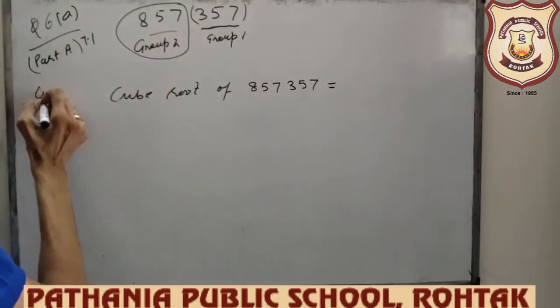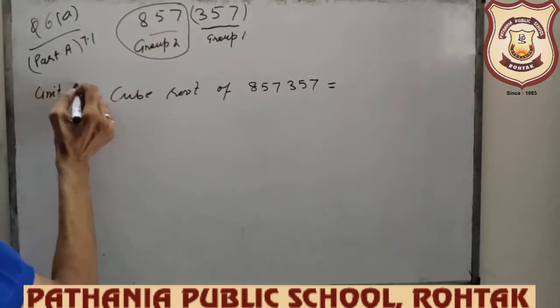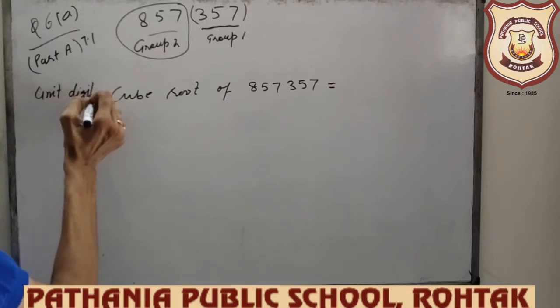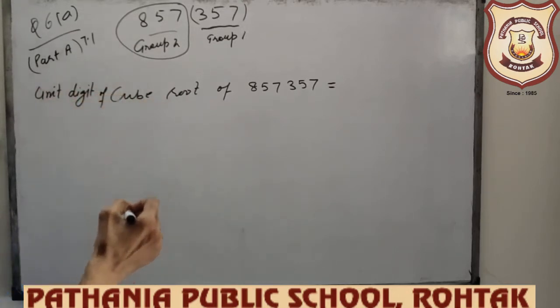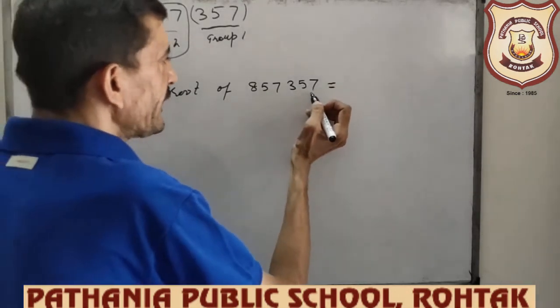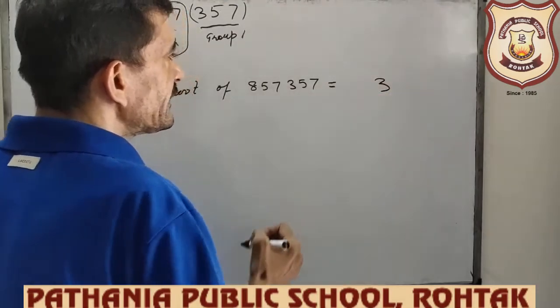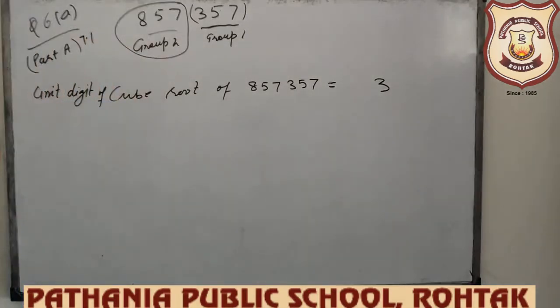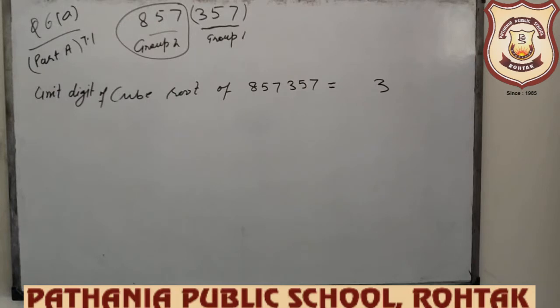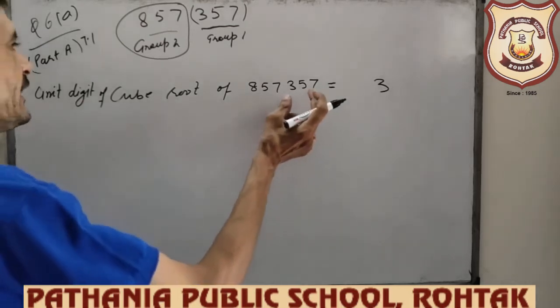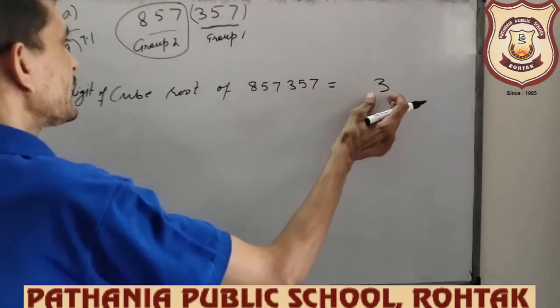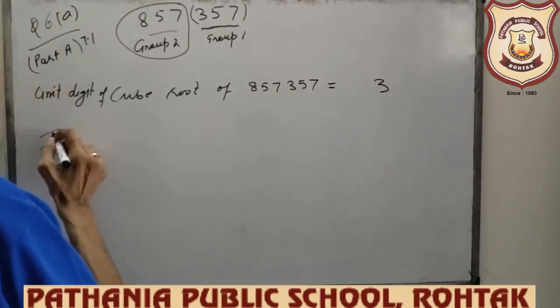The unit digit of the cube root of 857 is 3, because 7 gives 3 in the cube root, just like the cube root of 27 is 3. In the same way, if any number ends at 7, then the unit digit of its cube root is 3.